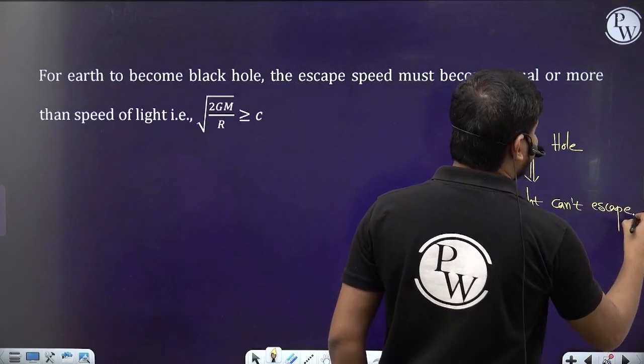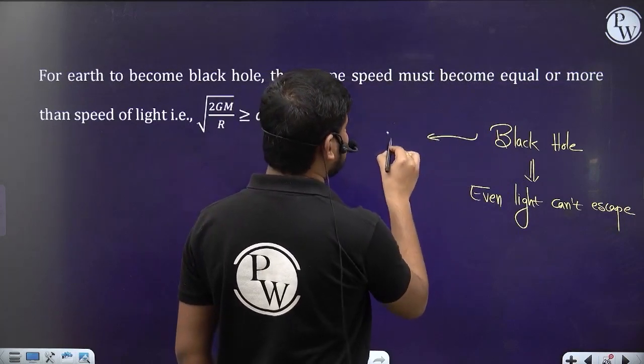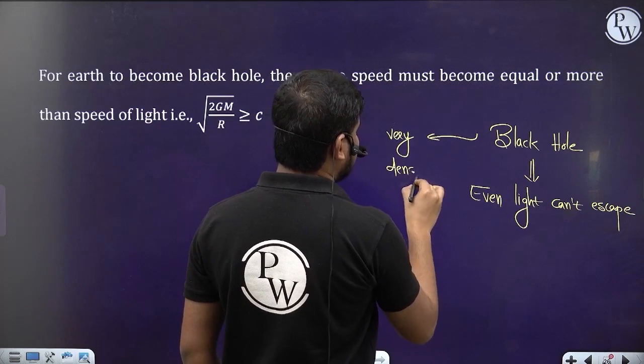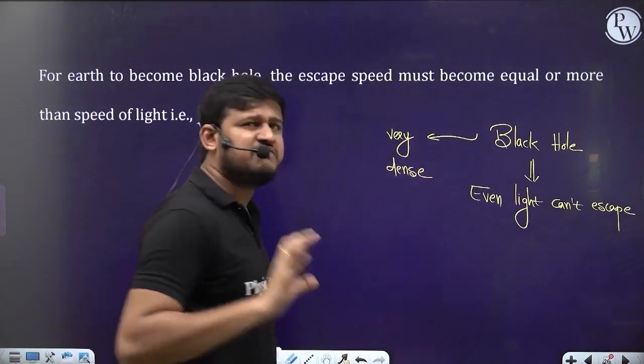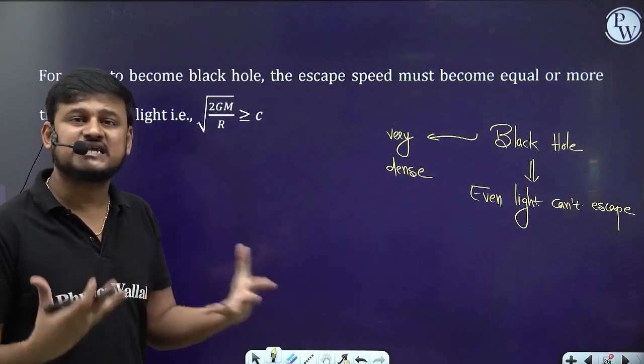So it is very, very dense. If the Earth has to become very dense, that means a black hole, even the light should not escape from the Earth.